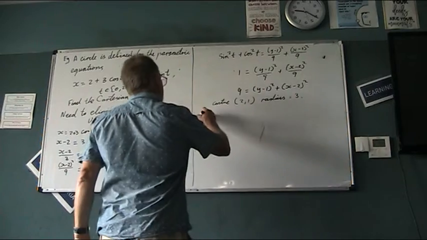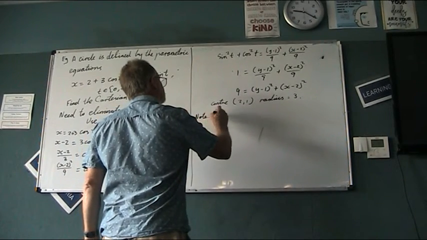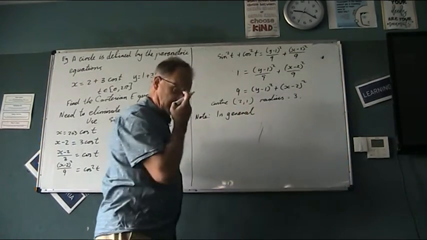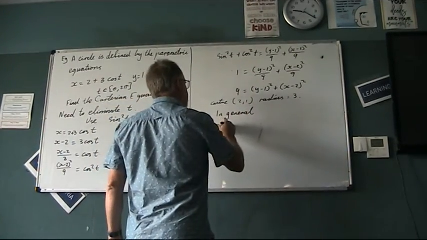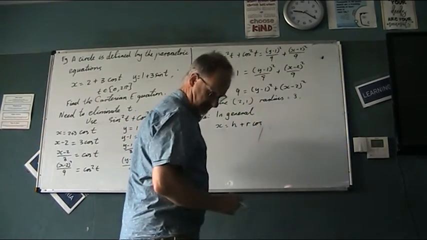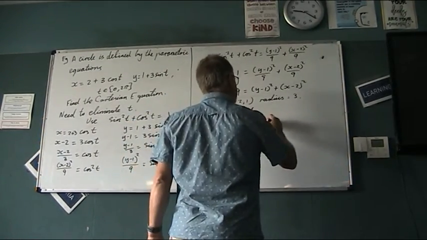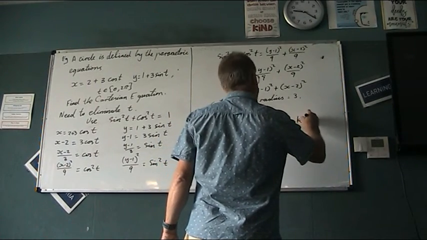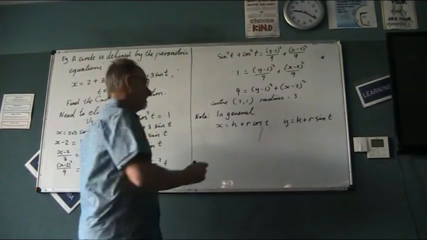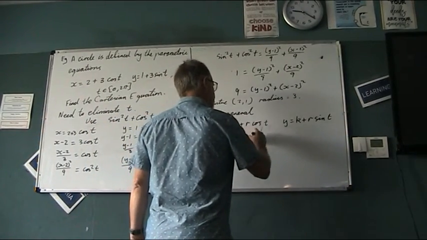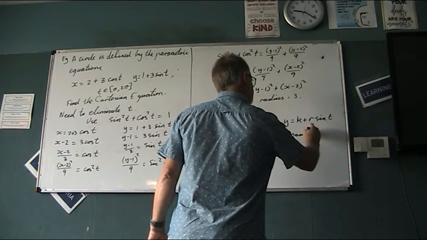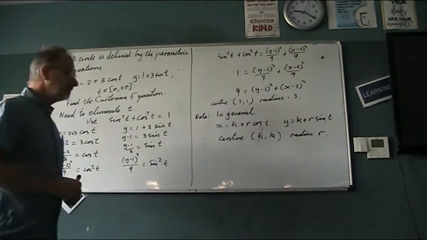So note, in general, what we would have is x equals h plus r cos t, and y is k plus r sin t, where the centre would be at h and k, and the radius is r, if you like.